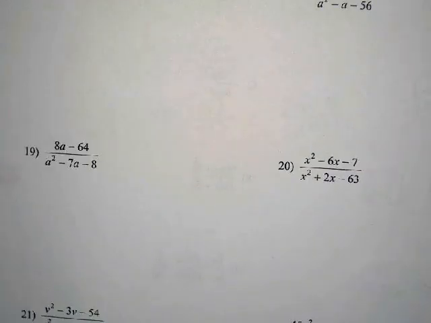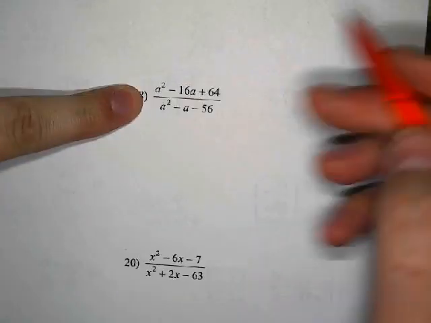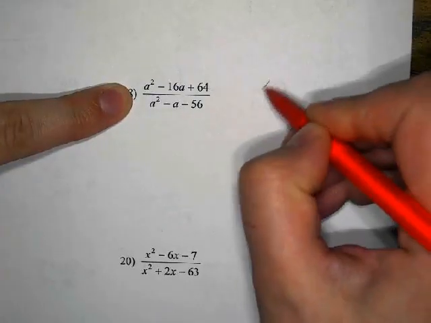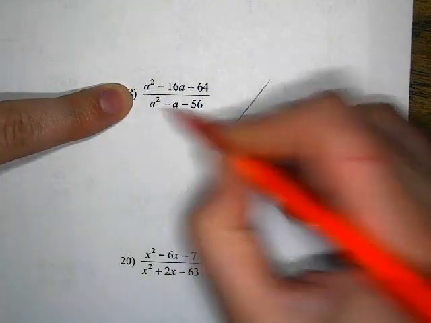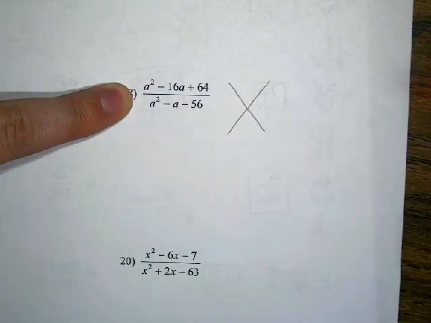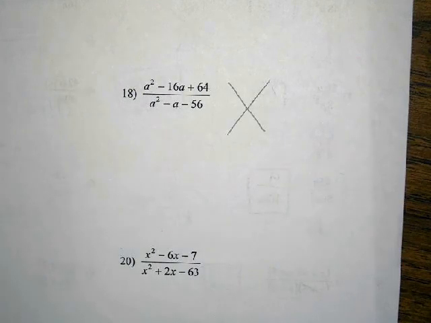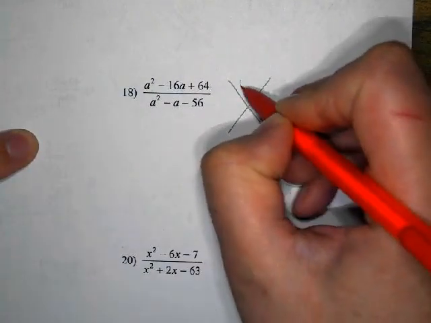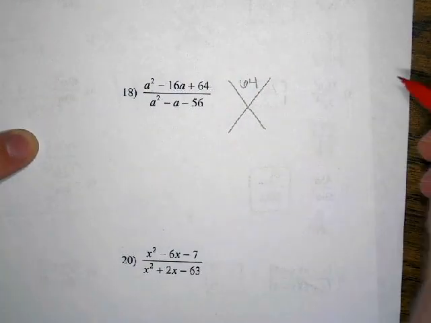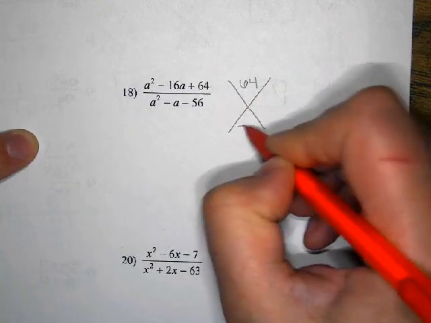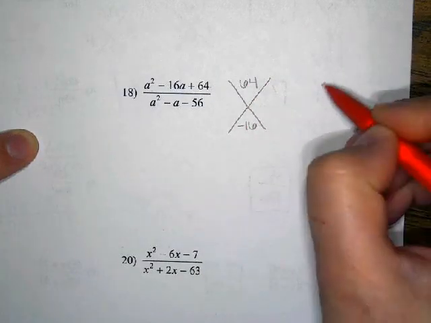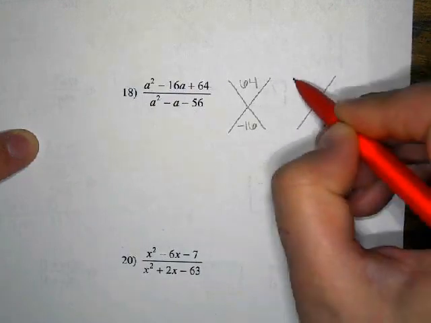So for 18, it's got a trinomial over a trinomial. So we're looking for two numbers that multiply to 64 and add to negative 16. And then two numbers that multiply to negative 56 and add to negative 1.